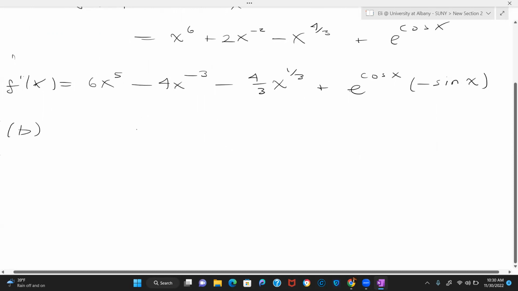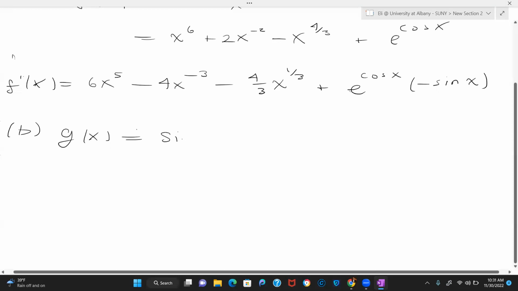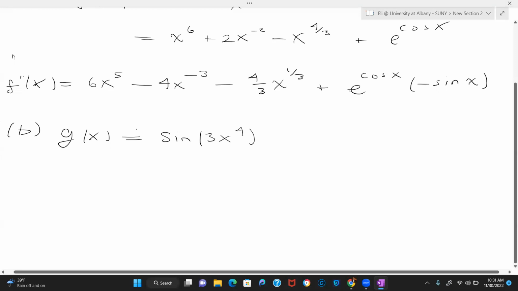All right, now part B. This one is going to require product rule and chain rule. So I'll write out the steps individually. So sine of 3x to the fourth times e to the x squared.